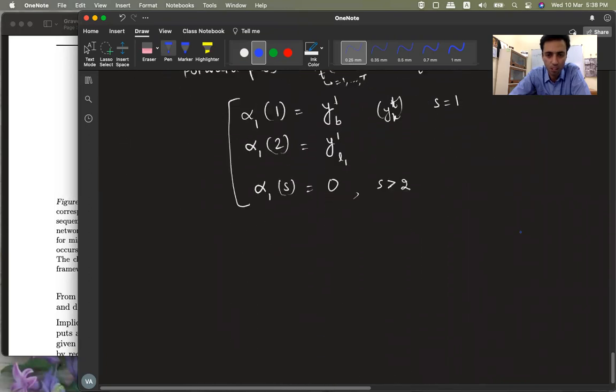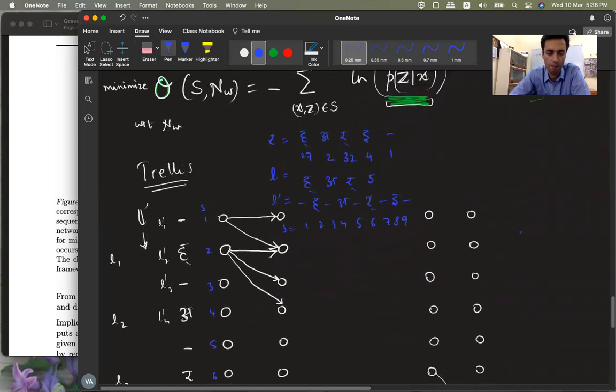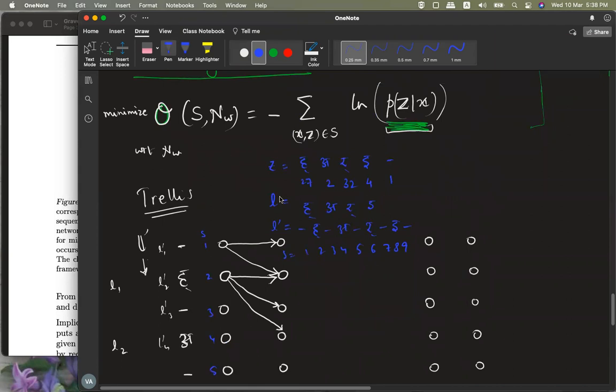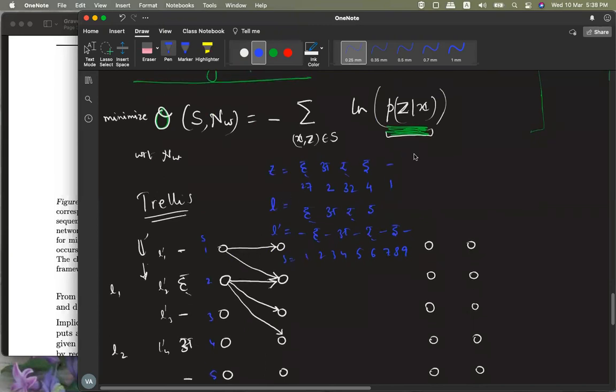So, okay, we didn't discuss it last time. Okay, let's do it like this. Ultimately I want to express my p(z given x) in terms of y_k^t, right?